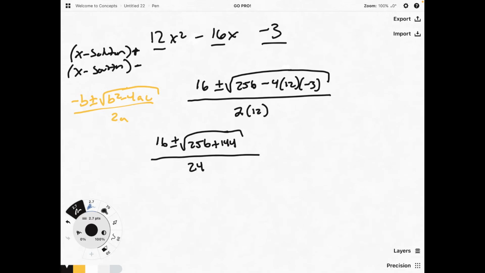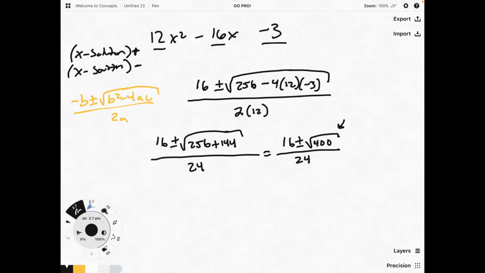Okay, now we further simplify. This is going to give us 16 plus or minus the square root of 256 plus 144 is 400 all over 24. This discriminant is greater than 0, so we're going to get two unique real solutions.